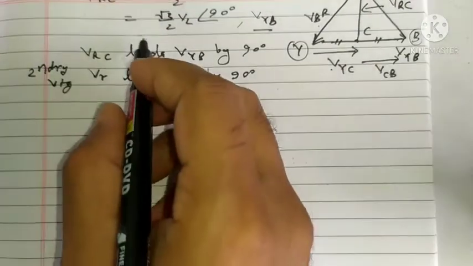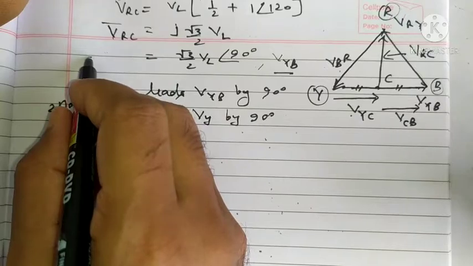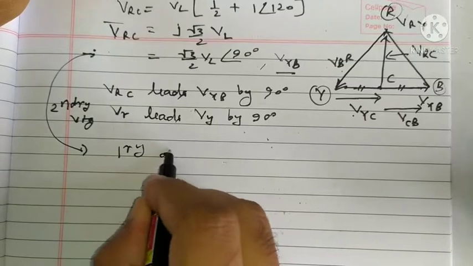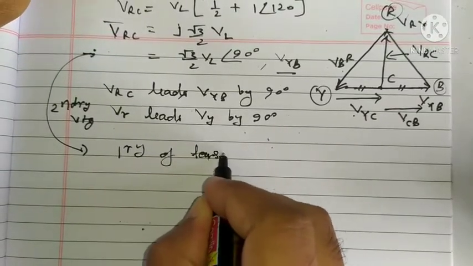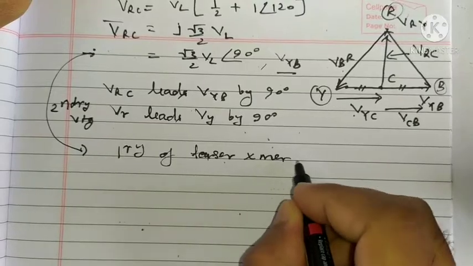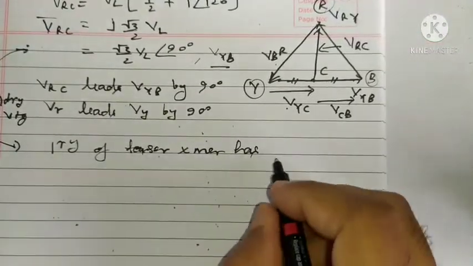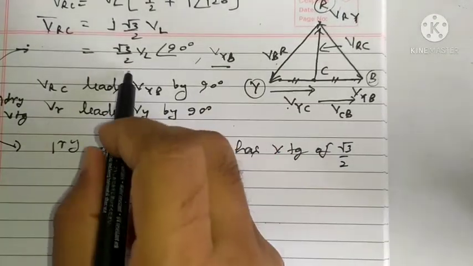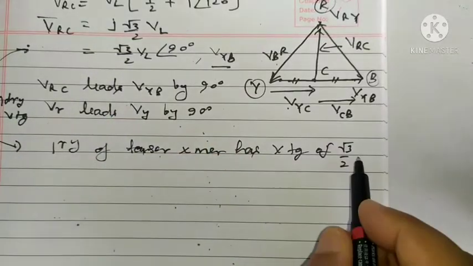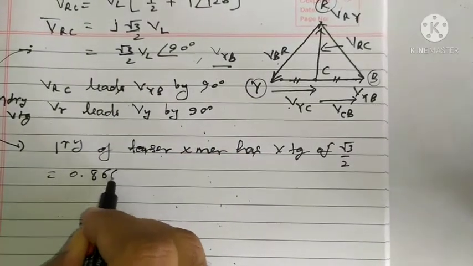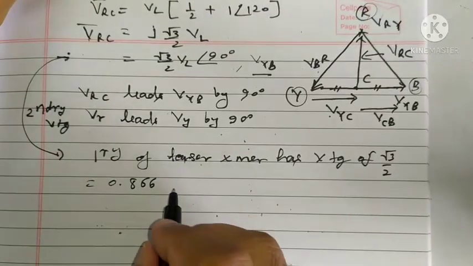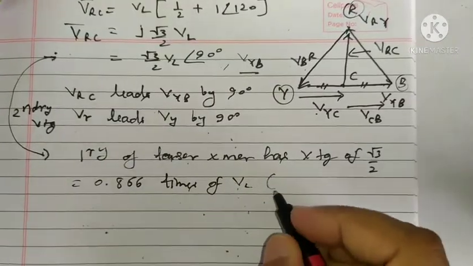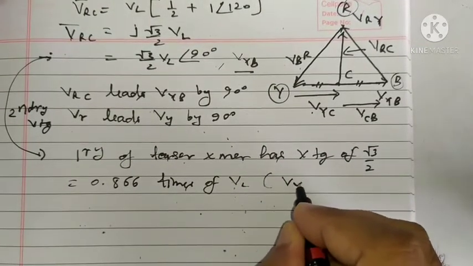And what we have seen from this calculation is that the primary of the teaser transformer has a voltage of root 3 by 2, that is 0.866 times VL, which is nothing but the voltage VYB.